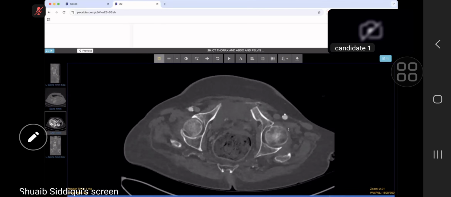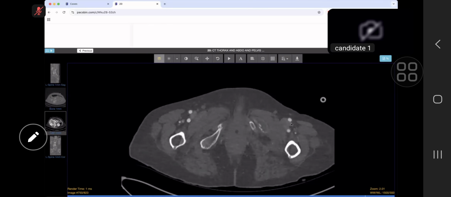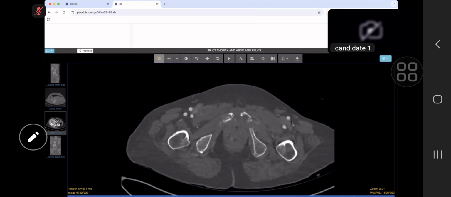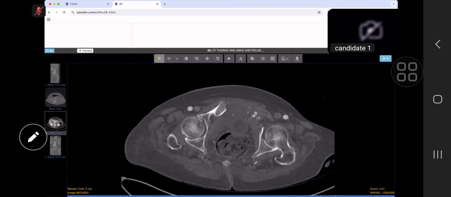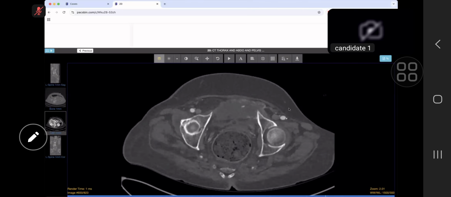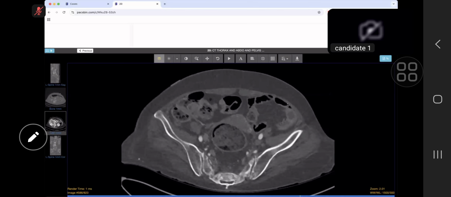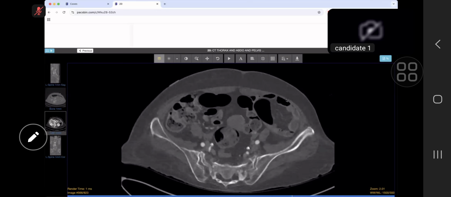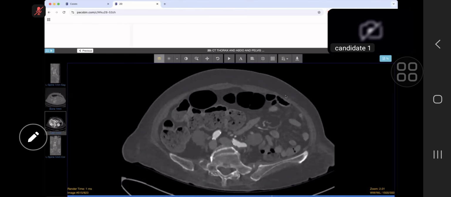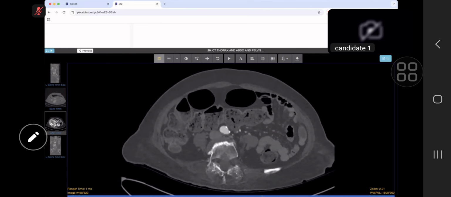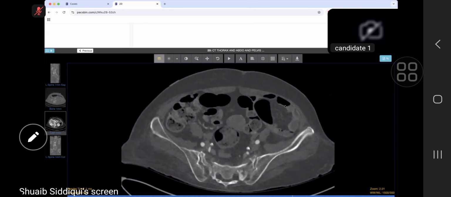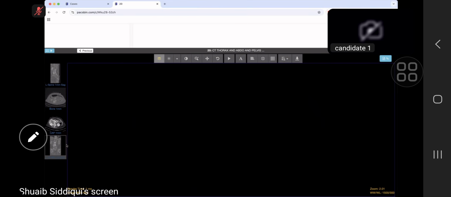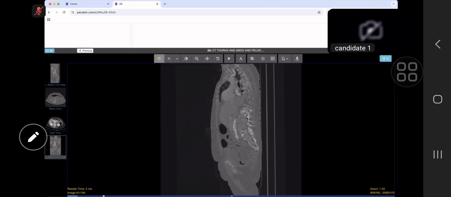There is a destructive process centered upon the bilateral pubic bones, and there is an associated soft tissue component. Apart from that, I can see involvement of the left ala and the left sacrum as well. I believe that they can be fractures, and it will be good if I can see them in the coronal window to see them in a better fashion.